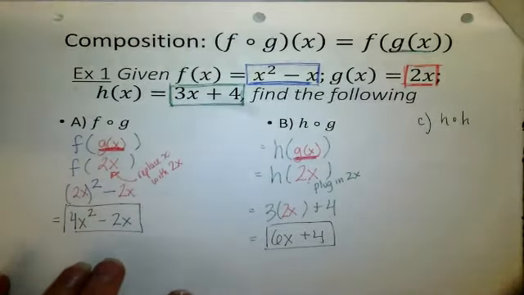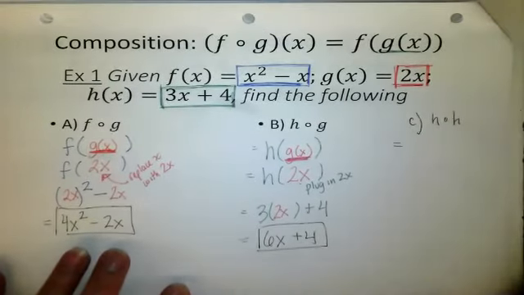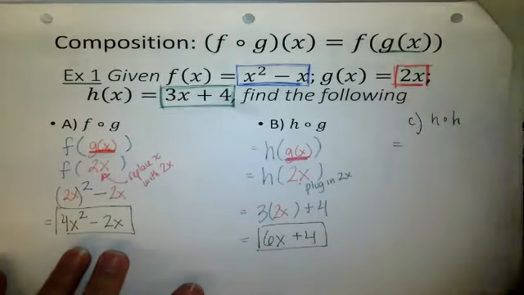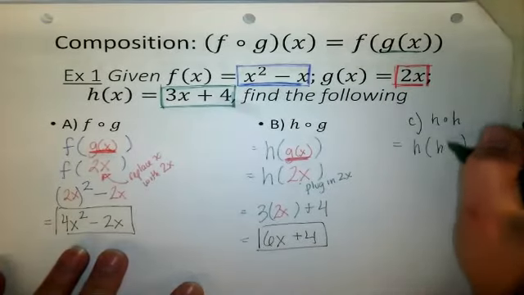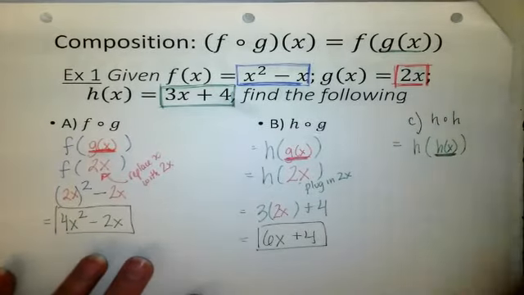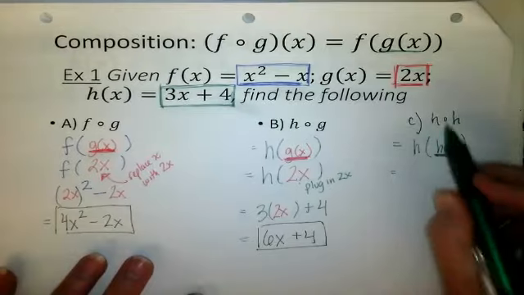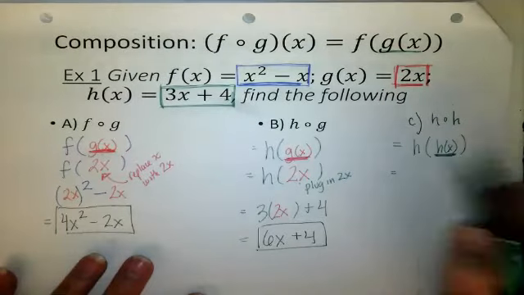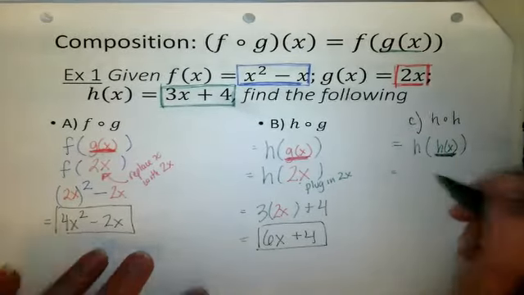All right. Here we have H of H. What do you suppose that really means? Yeah, so we have H of, and then H of X on the inside of itself. All right, this is H of X is what that translates to. What can I replace H of X with?